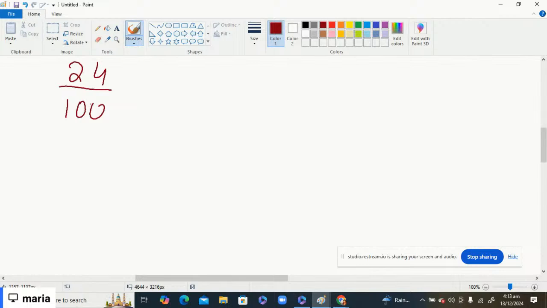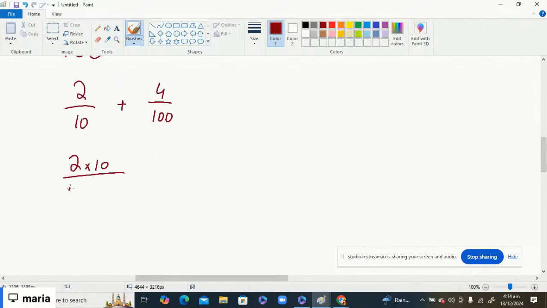Putting 2 by 10 and 4 by 100, then multiplying 2 by 10 with 10: 2 times 10 is 20, 10 times 10 is 100, and 4 by 100, then you get the answer 24 by 100. So it's 2 by 10 and 4 by 100. Multiply with the 10 and divide with the 10.